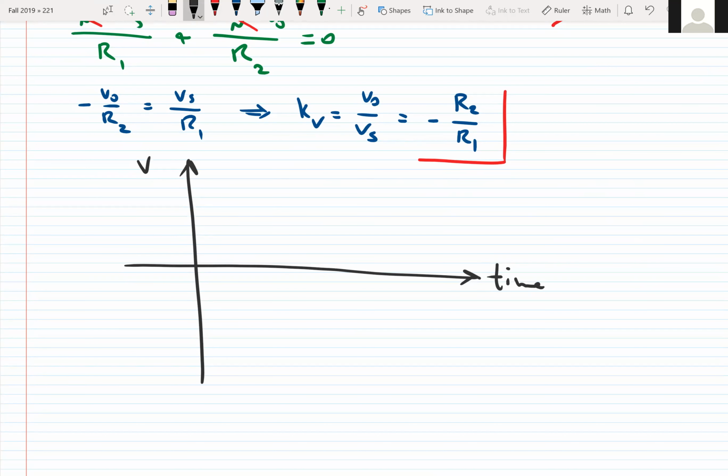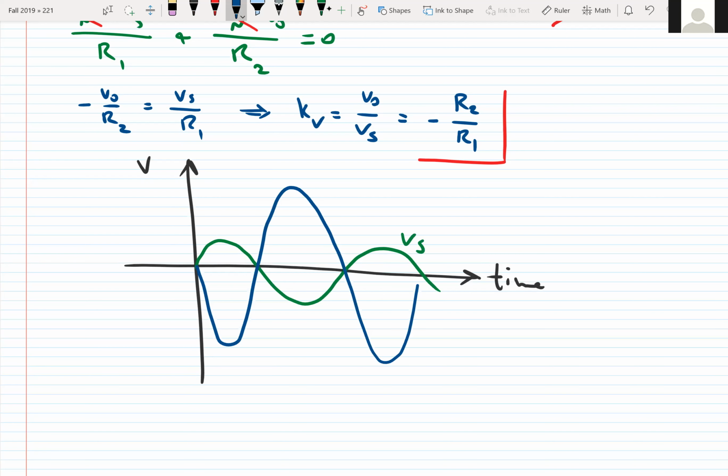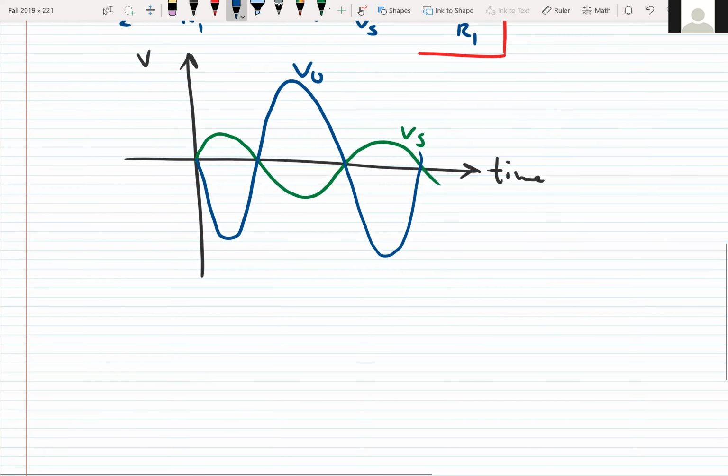If Vs, for example, is this voltage, what would be Vo? Vo will be something like this. You see the opposite sign of the input multiplied by a constant.